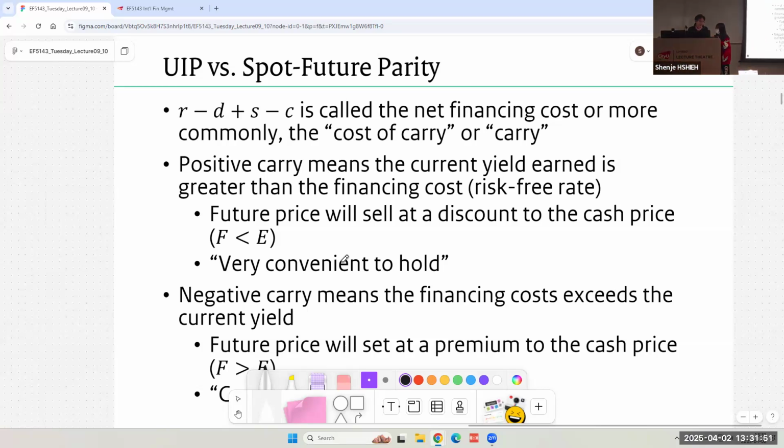Hedging means that you have something, a pre-existing position, and you want to protect yourself from price movement. If you just have the asset, you're exposed to everything. If you just have the futures contract, you also are exposed to something. It's only when you combine the two where risk is eliminated.